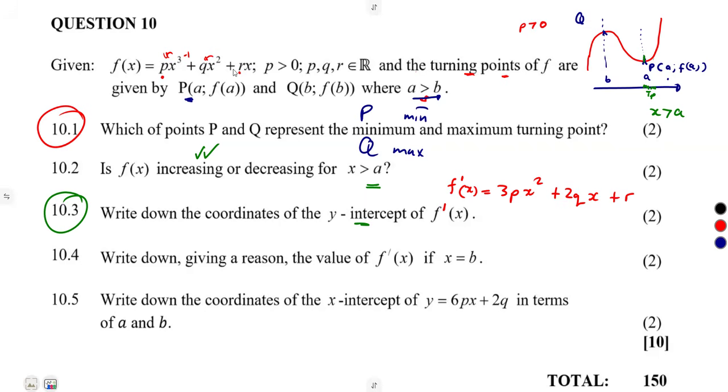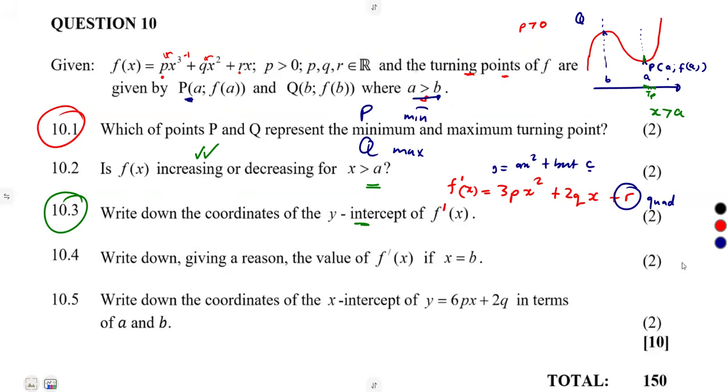So the first derivative represents what type of graph? It has x squared, so that's a parabola, a quadratic. On a quadratic, what is the y-intercept? The y-intercept is the constant. y is equal to ax squared plus bx plus c.